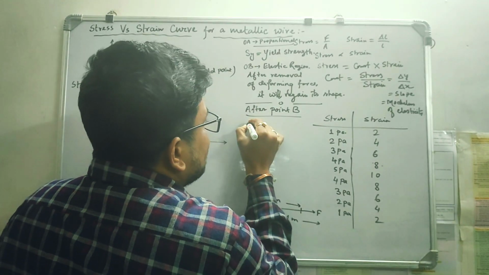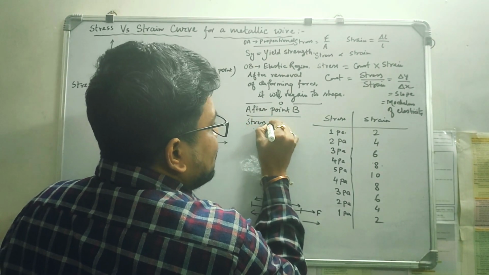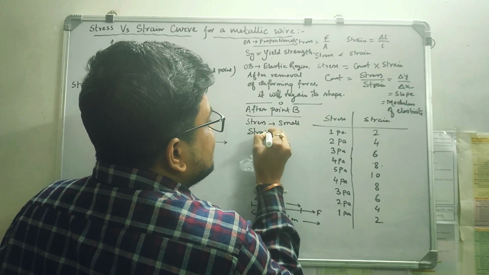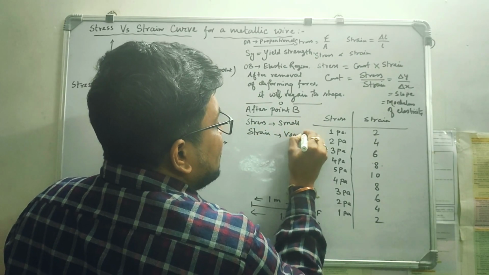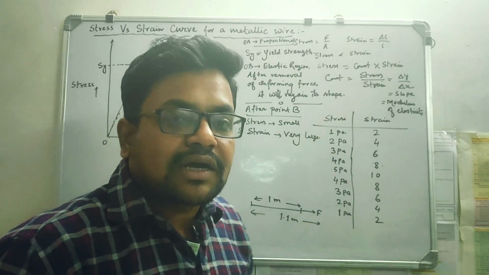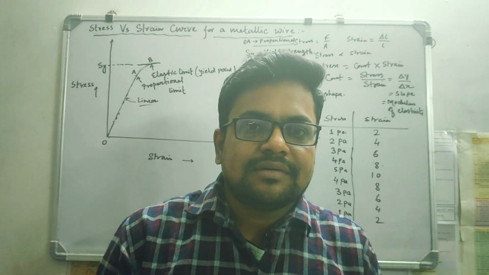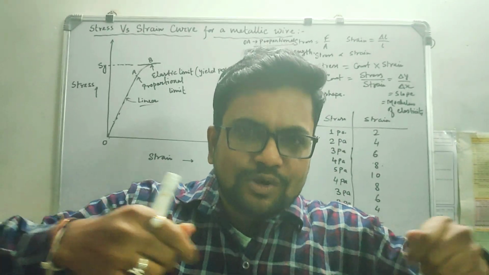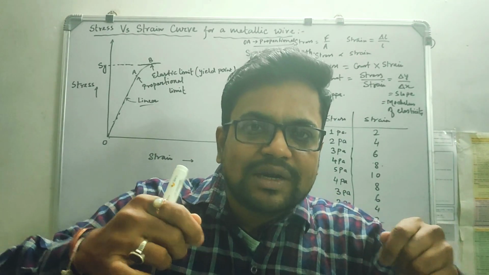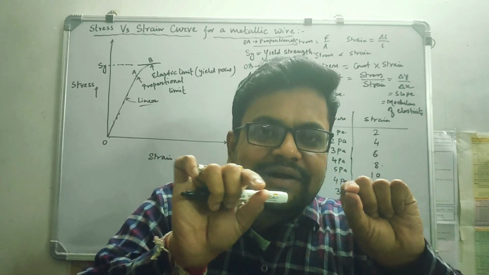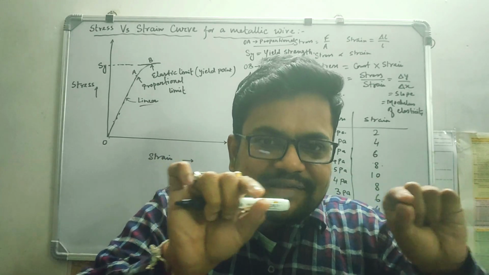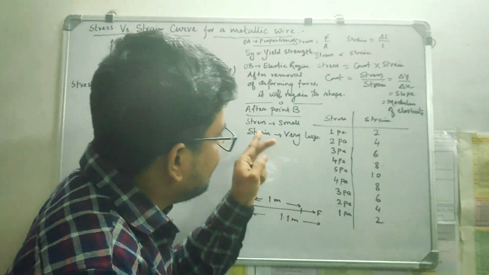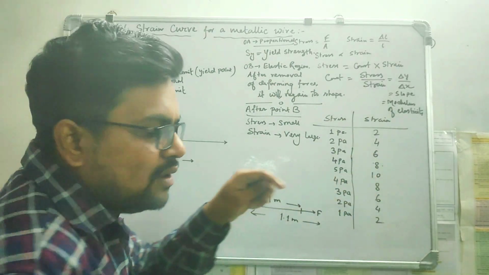That means the stress is very small after point B, but the strain, that means the change of dimension, is very large. That means the thinning process has started. Thinning means when you are pulling a wire, the diameter of the wire gradually decreases, so it becomes a very thin wire. That is what happens after point B.